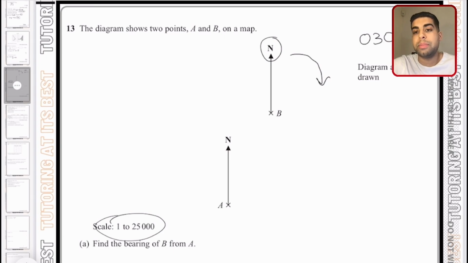Or if our answer was to be 25 degrees, we would then write 0, 2, 5. So I hope those 3 steps are embedded in your mind. Once again, you start from the north position, you always go clockwise, and you always output your answers as 3 digits. Okay, let's get started.